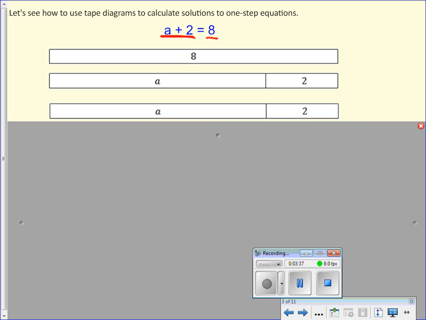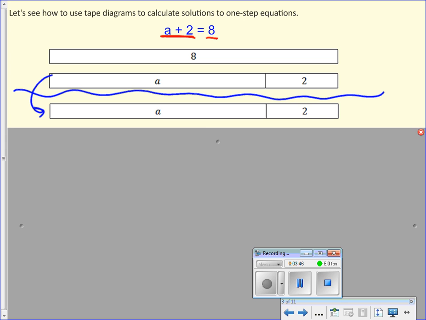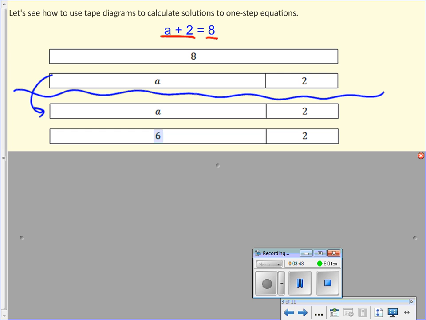So now I brought this down. But now what I'm going to do is take that 8 and break it off so that it matches. So here is a 2, and here is my 2 from here.